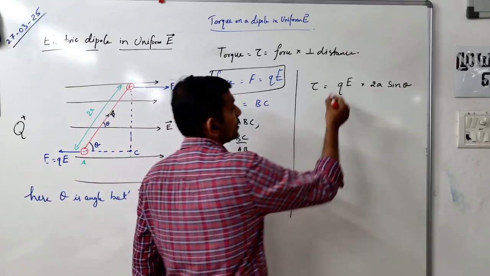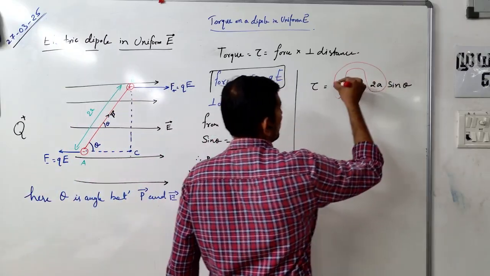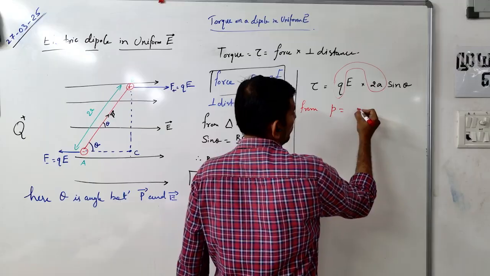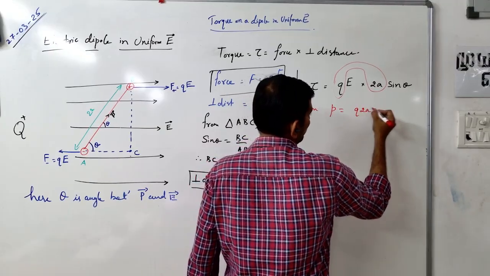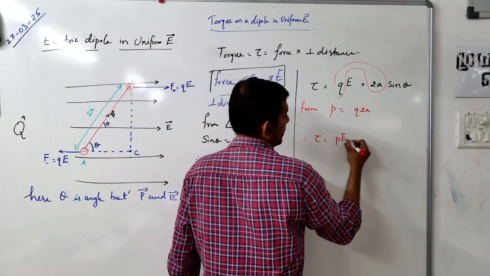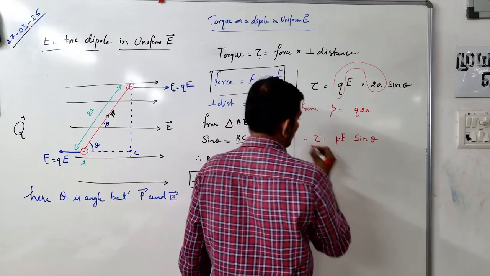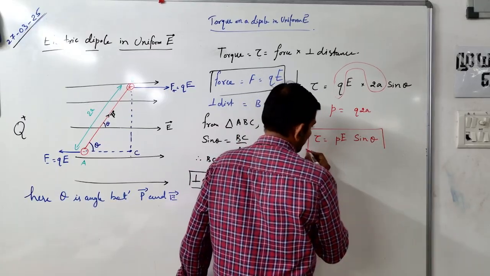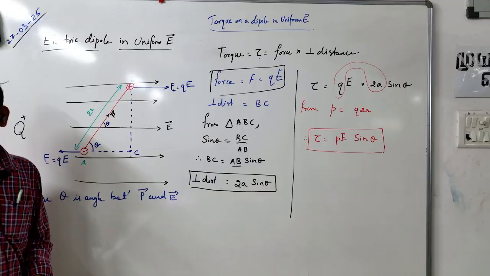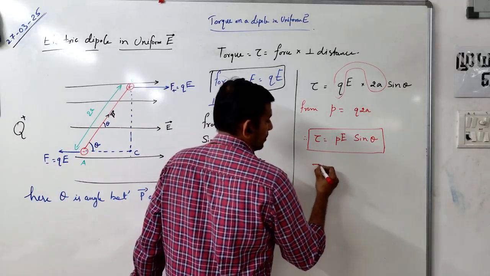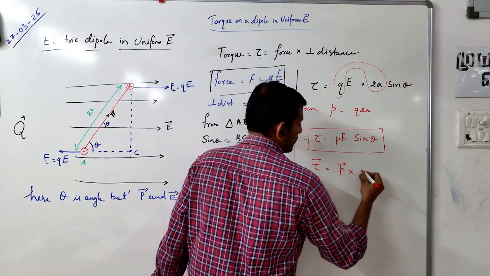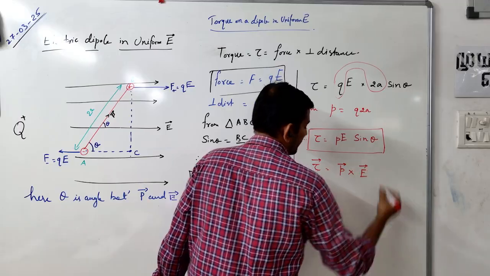So what is this? From the dipole moment, P is equal to Q into 2A. Therefore, tau is equal to P E sin theta. And in vector form, torque tau is equal to P vector cross E vector.